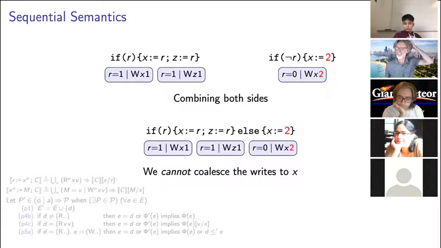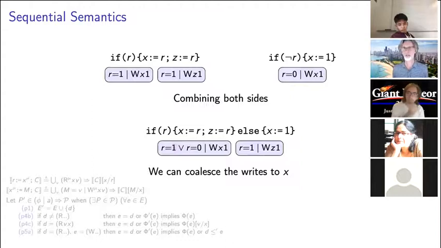Given that, note that in the case that we had X is 2, we wouldn't have been able to do this. So just pointing this out. If X is 2 over here, I don't have any equal labels on the left and the right. There's nothing that can coalesce, and this dependency would be carried through. And by the way, this is the essential difference between writing 2 up here and writing 1, is whether or not I can coalesce this write of 1 with the write of 1 on the other side.